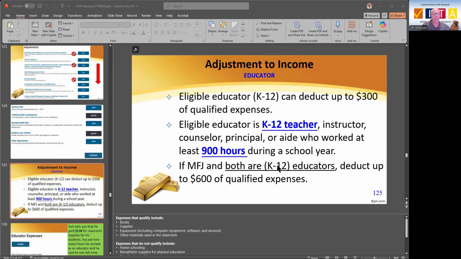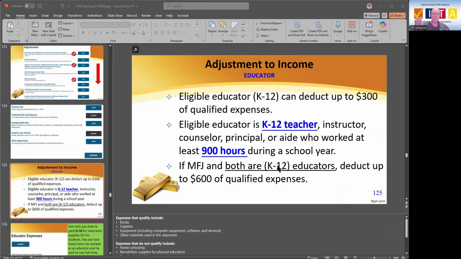Okay, but let's talk about educator expenses. So an eligible educator, K-12. I was a community college professor and all my colleagues would ask me, hey, can I take that educator expense? No, you can't. You've got to be in K-12. You can deduct up to $300 of qualified expenses.